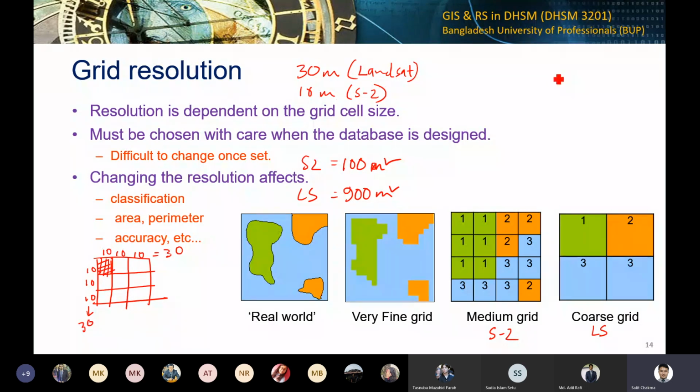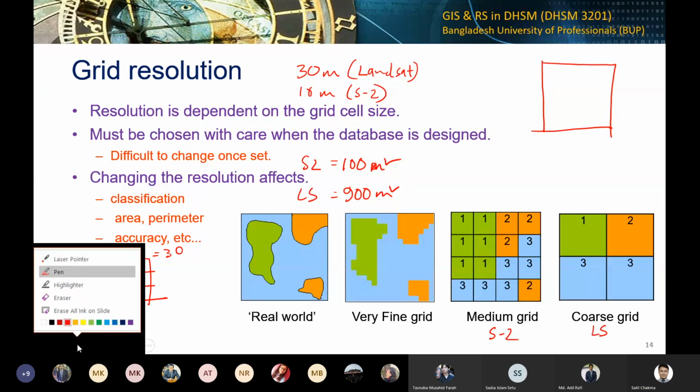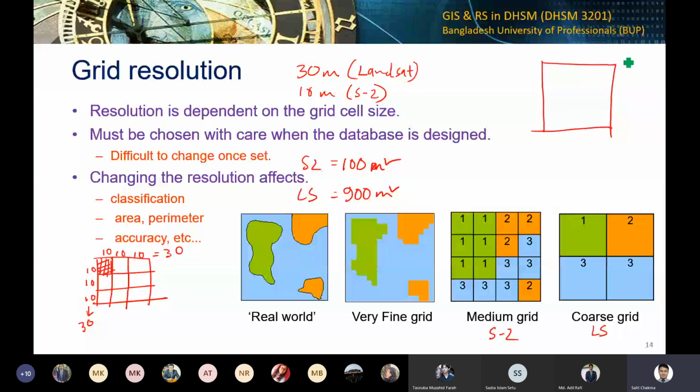Now, for example, at some point of time, let's say 2005 or 2006, you had 1 Landsat pixel which is vegetation. In reality, the area of the vegetation was like this, I'll change the color.